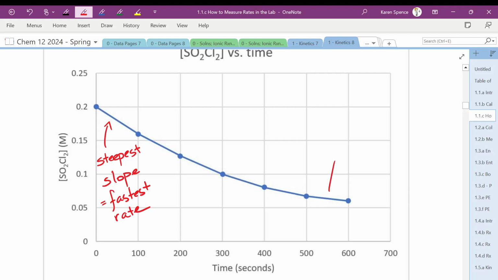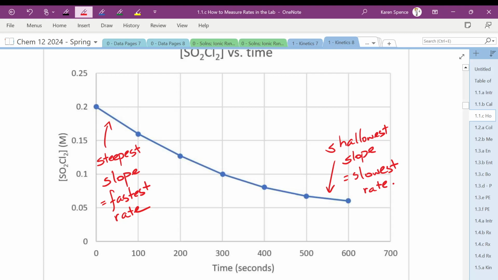At the other end, we have the shallowest slope. And what does that tell us about the rate? It's the slowest rate. So that means that this reaction is slowing down as time goes on. You could use this data to find the average rate.